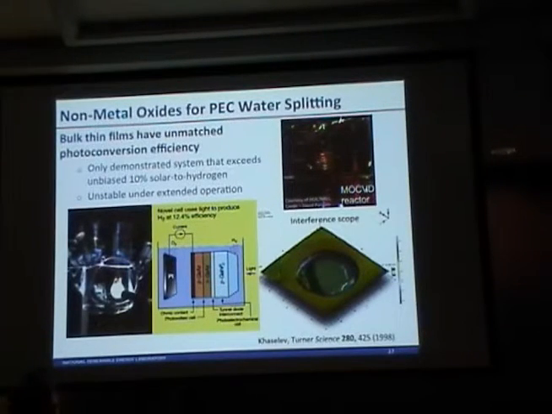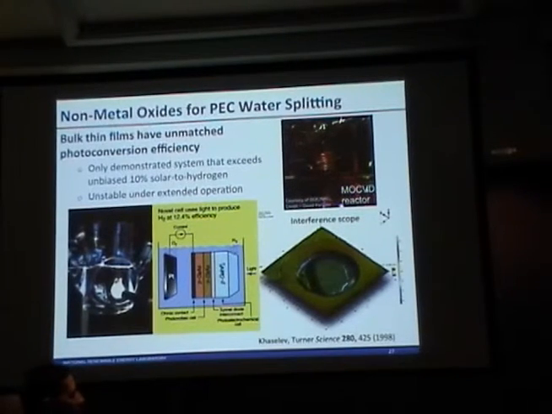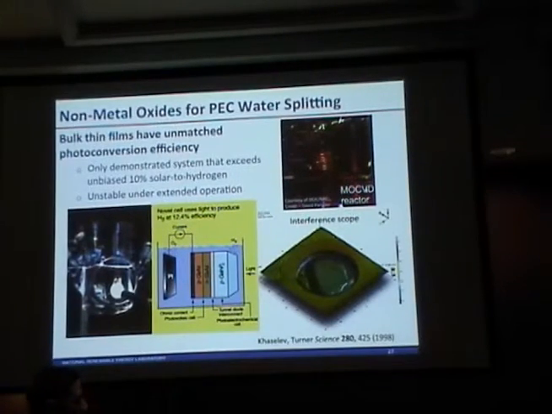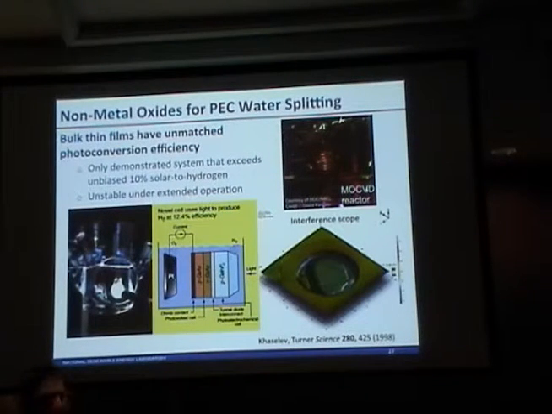So I'd be remiss if I didn't mention the alternatives to metal oxides really briefly. John Turner at NREL still has the world record efficiency for unbiased solar to water, solar to hydrogen water splitting.